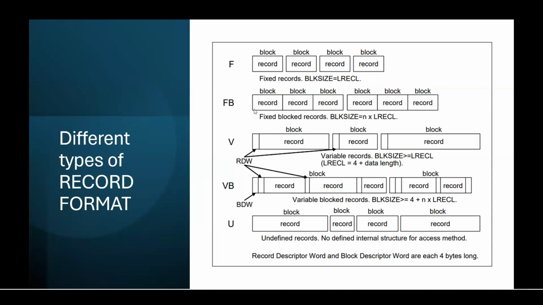All three records are in the same block. That's why block size is equal to n times the record length. After joining the three records, we will have the block size of that whole block. So that is regarding the fixed block. And the first one is only the fixed records.